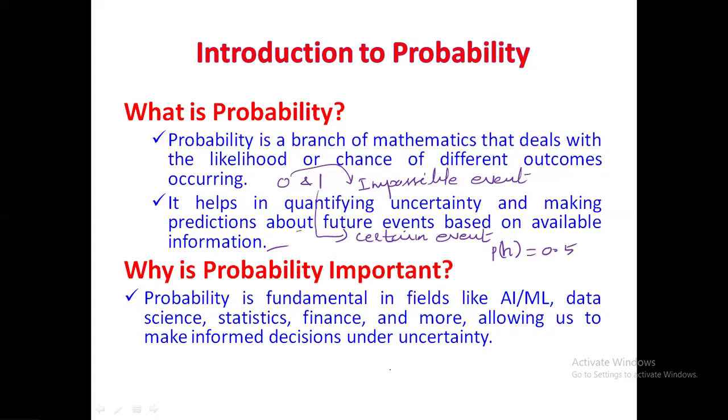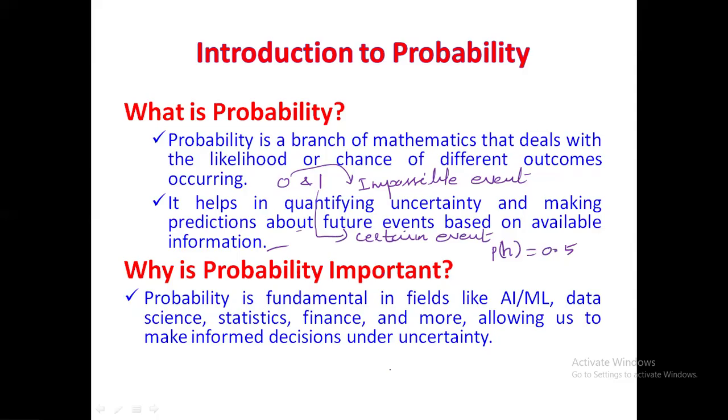Next, why is probability important? Probability is essential for various fields including artificial intelligence, AI, machine learning, ML, data science, statistics, finance, and many others, where decisions need to be made under conditions of uncertainty. In AI and ML, probability helps models make predictions, classify data, and handle incomplete or noisy information effectively.